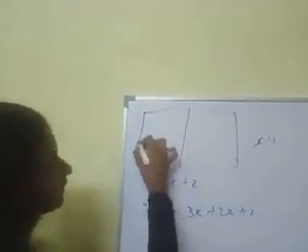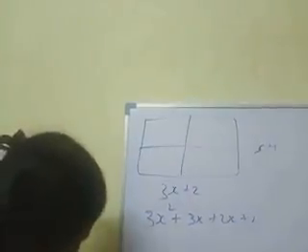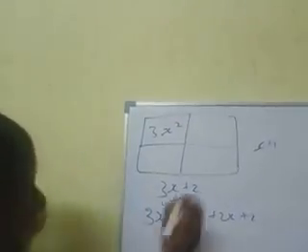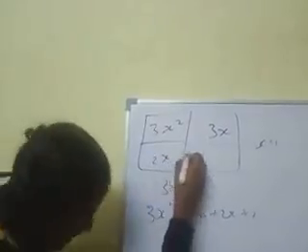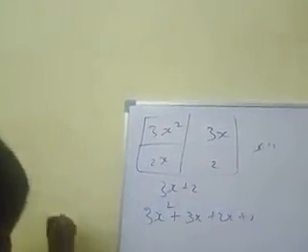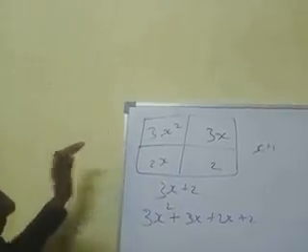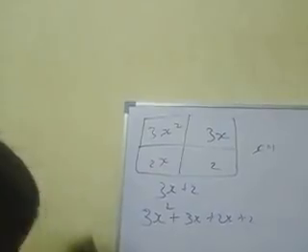This rectangle is divided into 4. In this way the 3x square will come here and 3x will come here. And next here 2x and next here 2. Like that it will come, as the height and length.